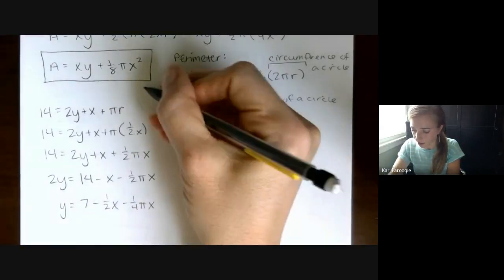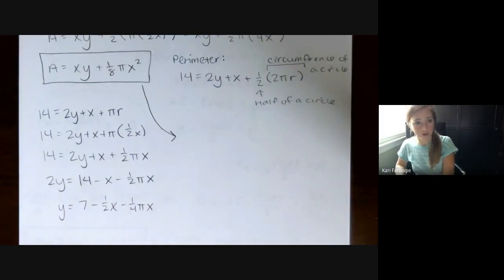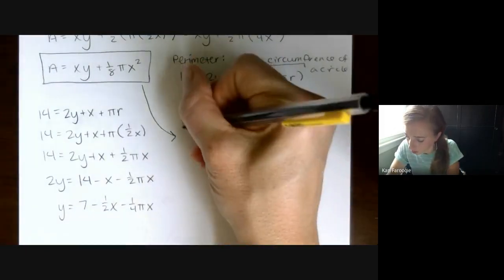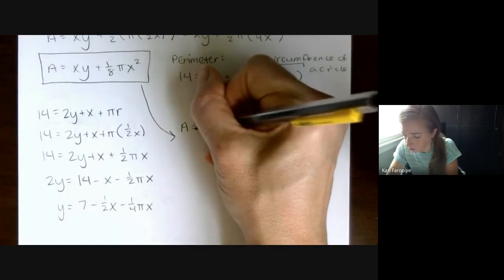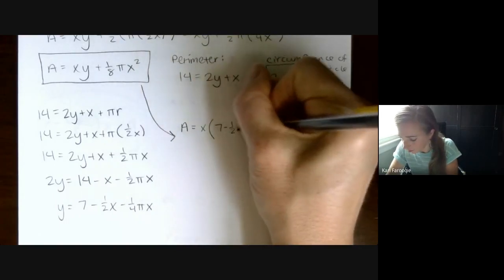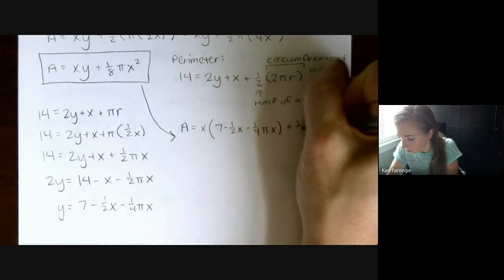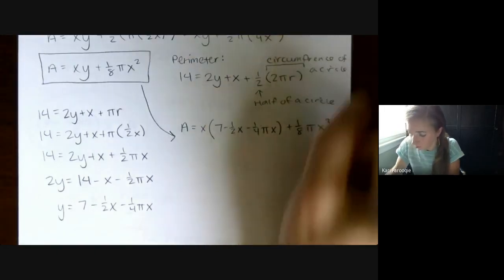Now, once you have that, we'll put this back into your area equation and simplify that, and then eventually we'll take a derivative. 7 minus 1/2 x minus 1/4 pi x plus 1/8 pi x squared.